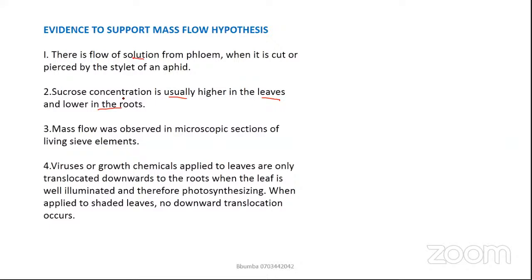And this is very true according to Munch's hypothesis and demonstration. We find that in the leaves, you're going to have higher sucrose concentration, and in the roots, we are going to have lower sucrose concentration. That is another evidence. Then another one is that mass flow was observed in microscopic sections of living sieve elements. Okay, that is another evidence.